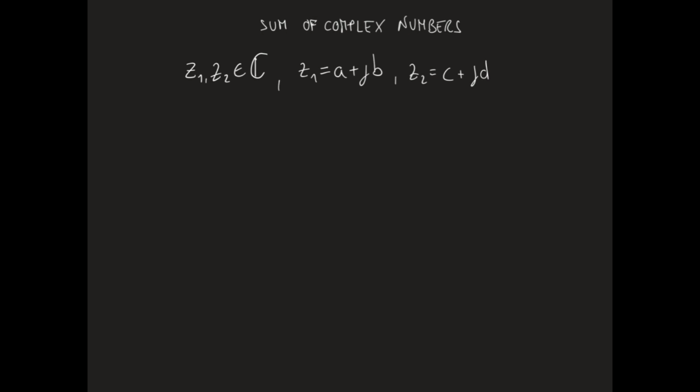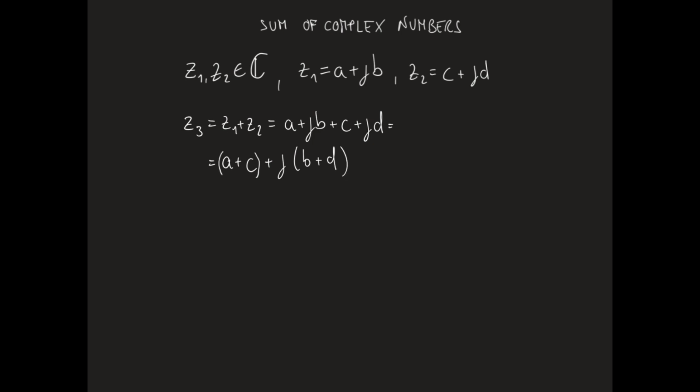Then the sum of the two numbers, z3 equal to z1 plus z2, is given by a plus jb plus c plus jd, which is equal to a plus c plus j(b plus d).